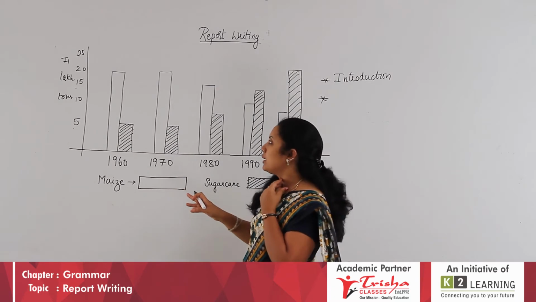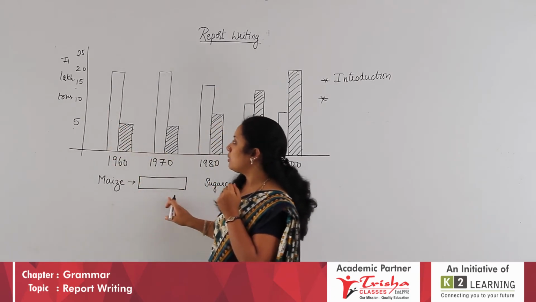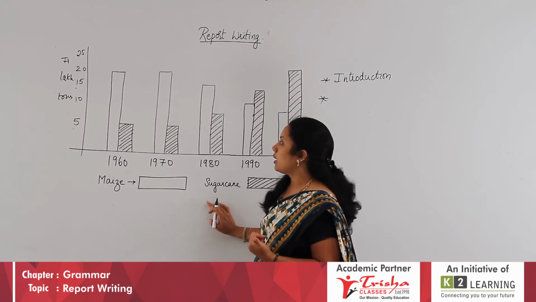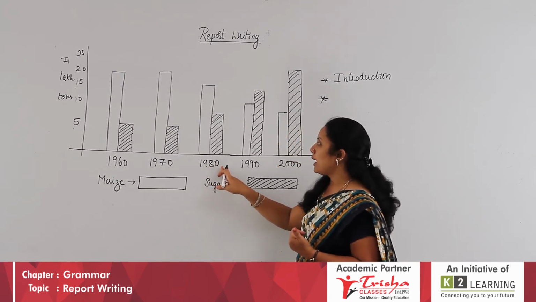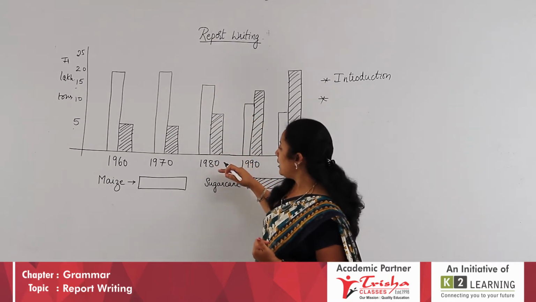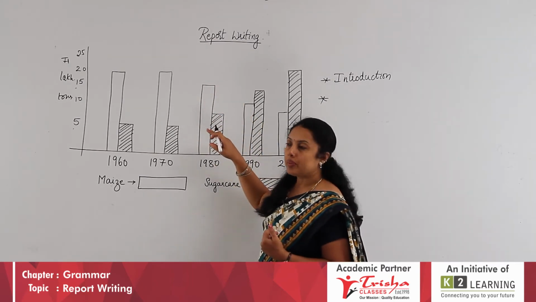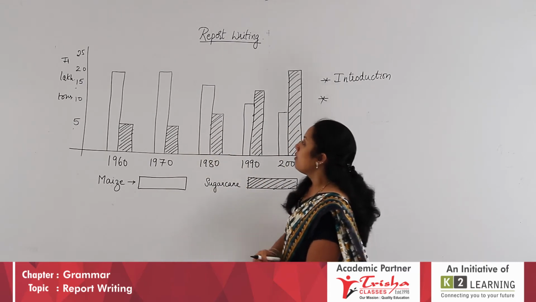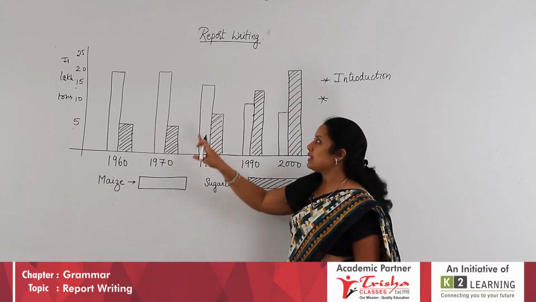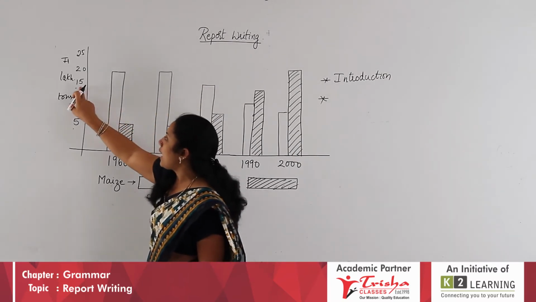It remained around 20 lakh tons of maize and around 5 lakh tons of sugarcane. But during the 1980s, the production of maize came down while there was an increase in the production of sugarcane from 5 tons to 10 tons, while the production of maize came down to around 15 lakh tons.